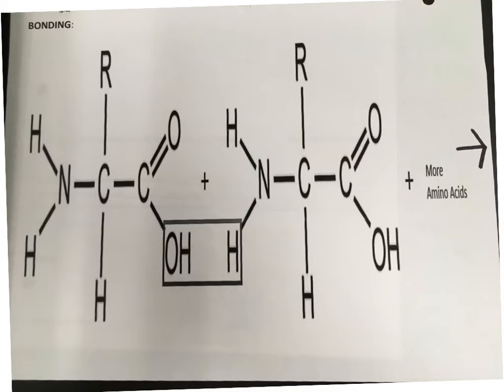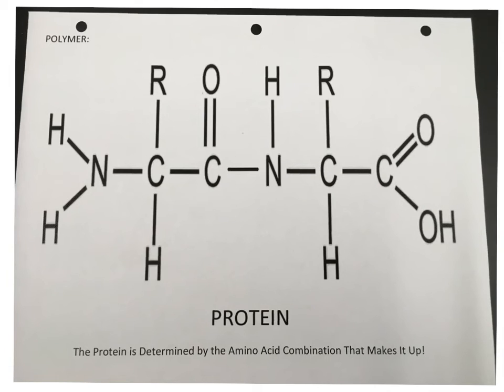All right, so now you do need to write this out, okay? The only thing you have to write here is the monomers again, okay? So you've already drawn this side. Here's your arrow, right? I just want you to put a box around the 2 hydrogens here and the oxygen so you can see the water molecule that's going to be pulled out. And now the right-hand side, the polymer, okay? This is called a protein. Proteins are determined by their amino acid combination.